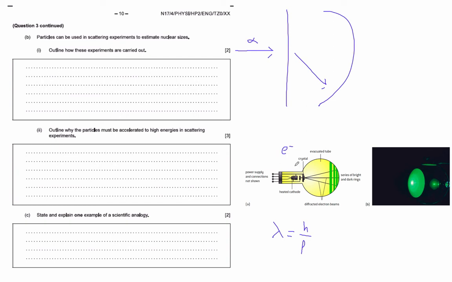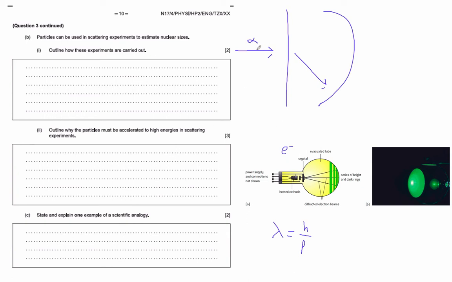So you make them have a de Broglie wavelength that's similar to the spacing, like 10 to the minus 15th or so. Then you can get a diffraction pattern, and from the angular distribution of it, and you'll see there's a question that we're going to do later, you can determine the size of the nuclei.